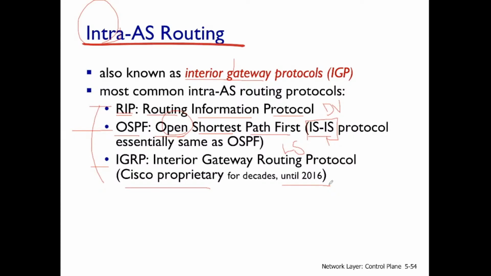If you recall, in software-defined networking, routing is all done in the remote controller on powerful machines. So the routers in SDN pretty much do generalized forwarding, allowing the flow table to be installed, and that's pretty much all. There's no need to run routing algorithms on individual routers. So starting from 2016, Cisco stopped maintaining IGRP because there's very little need of doing routing inside the router.